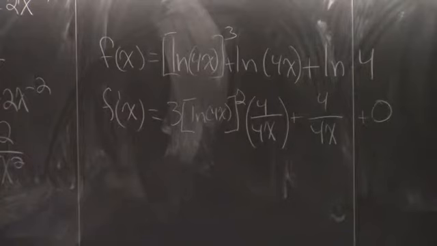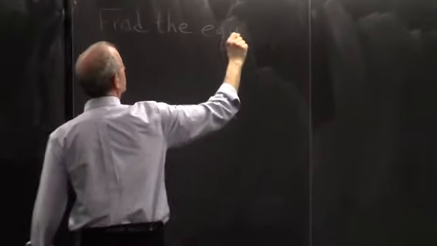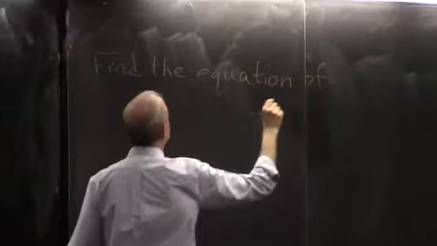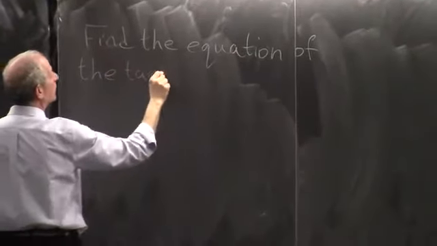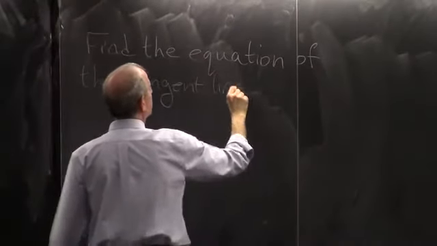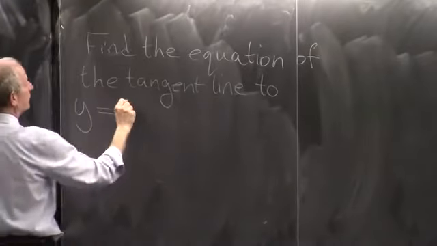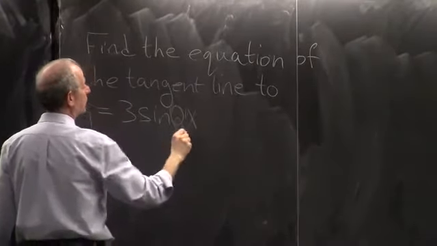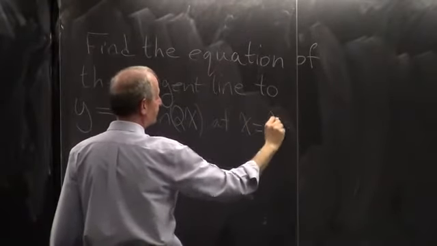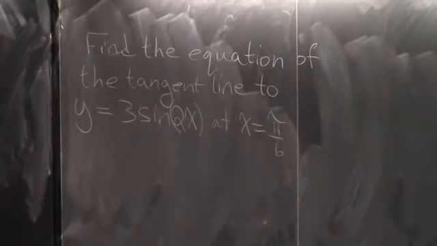Okay. Let's make it more fun. Find the equation of the tangent line to y equals 3 sine 2x at x equals pi over 6.